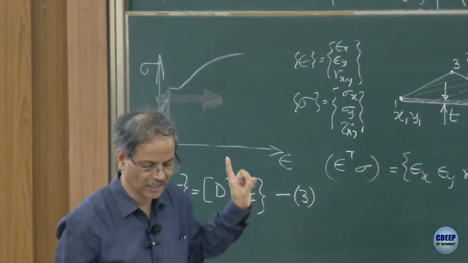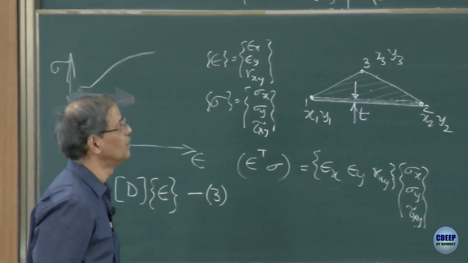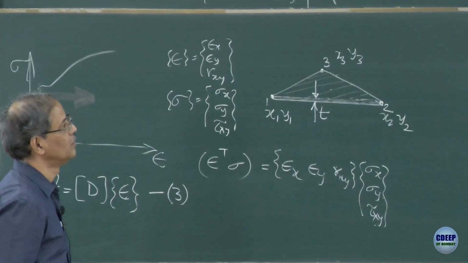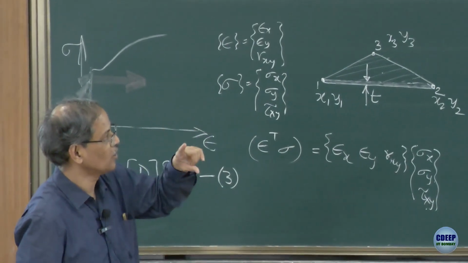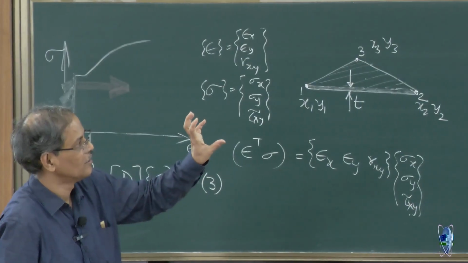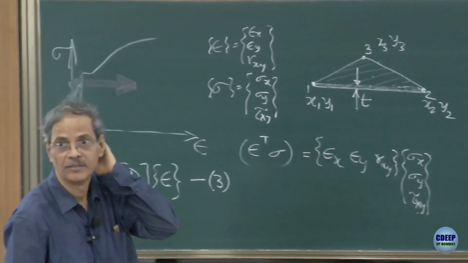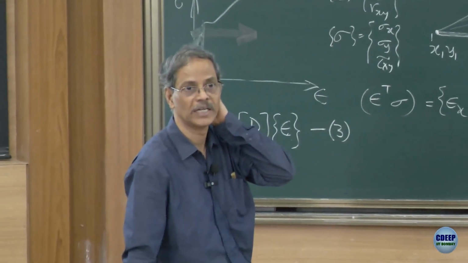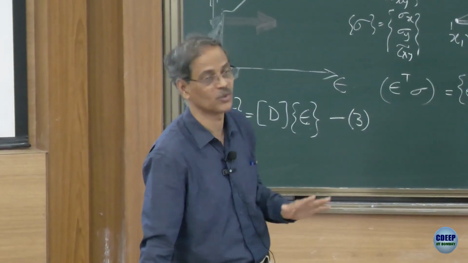That is delta e. Now, in this case you get the expression as epsilon transpose D epsilon. Epsilon is given as B into delta. So you see how the expression has come. Is that making sense? Now I will go to the potential of external forces.